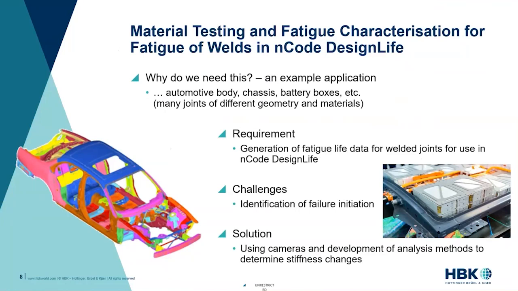This presentation describes some of the challenges for welded joint fatigue testing, particularly identification of failure location for the failure mode verification, and solutions using various camera systems and analysis methods to determine the stiffness changes due to cracks initiating and cracks growing in the test specimen.